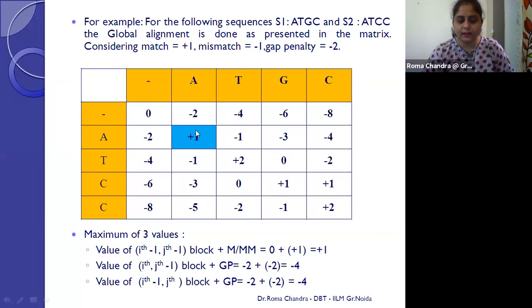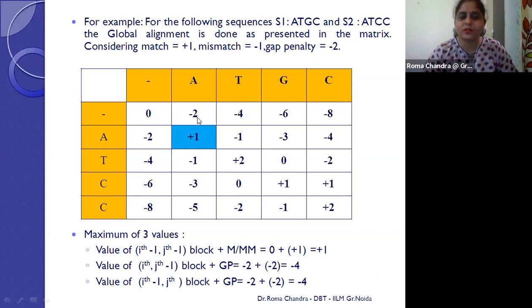The block where I need to put the value has A and A. A and A is aligned, so this is a match. In my question, I took the match value as +1. So I added both the values, and my final value is +1.